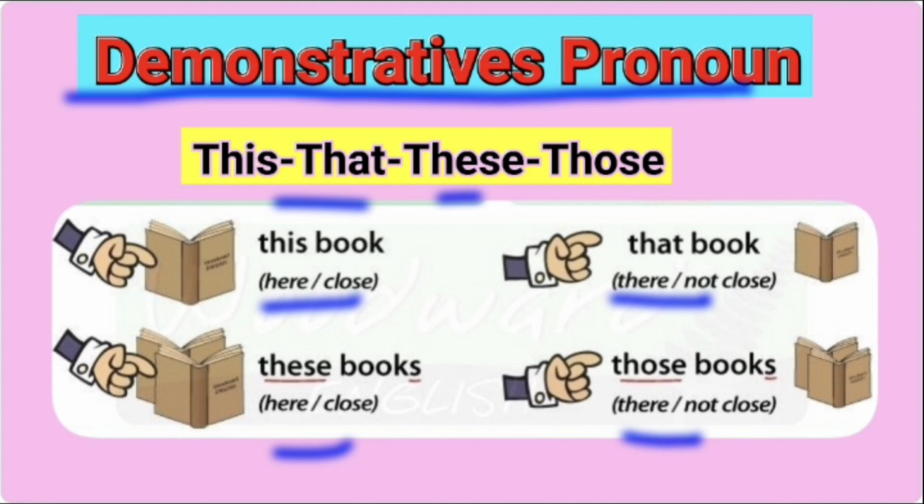But this shows closeness, the nearness, and that shows not close. It means the object is not near. These and those both are used for plural nouns, but these shows the nearness and those does not show the nearness.